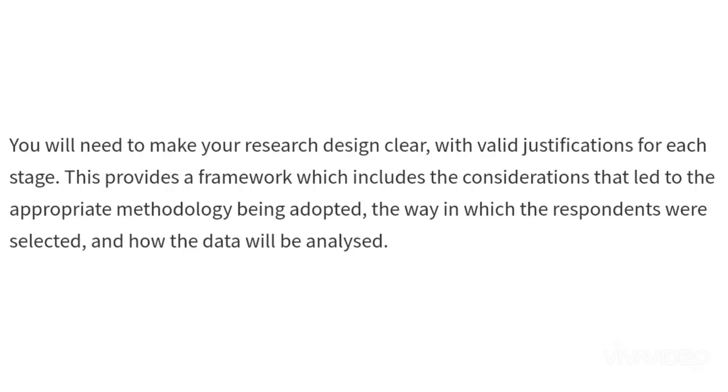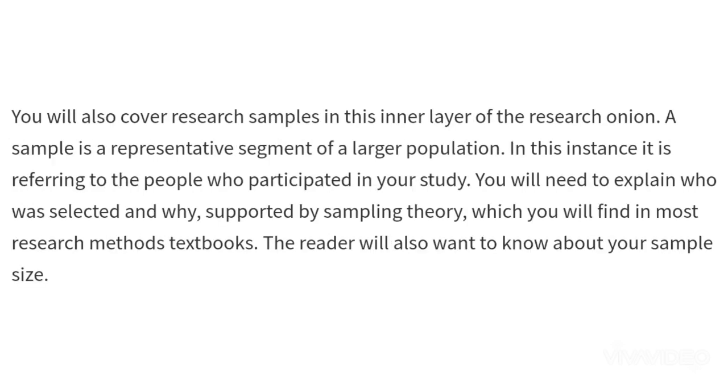You will need to make your research design clear with valid justifications for each stage. This provides a framework which includes the considerations that led to the appropriate methodology being adopted, the way in which the respondents were selected, and how the data will be analyzed.